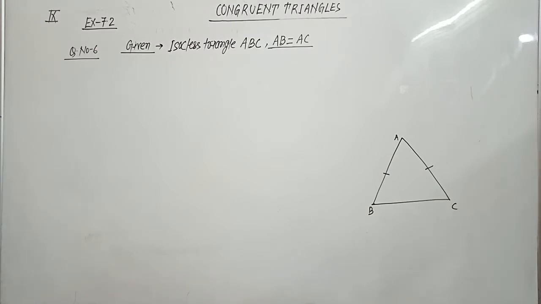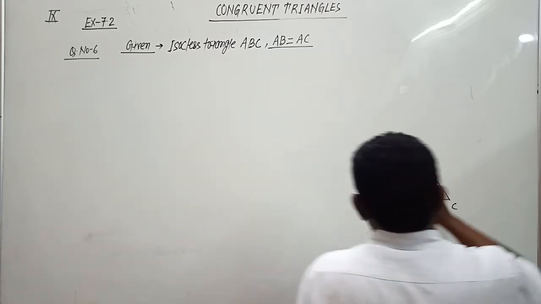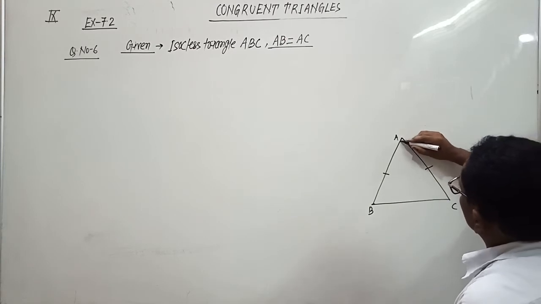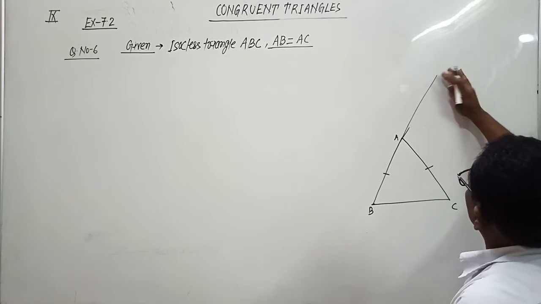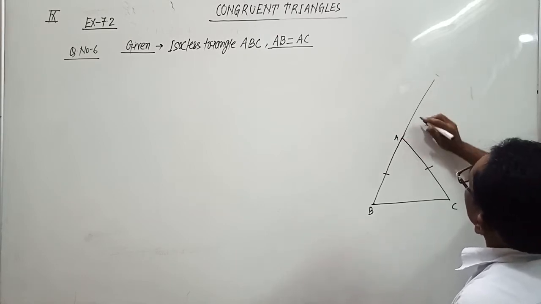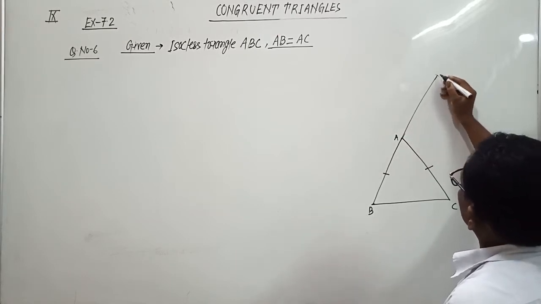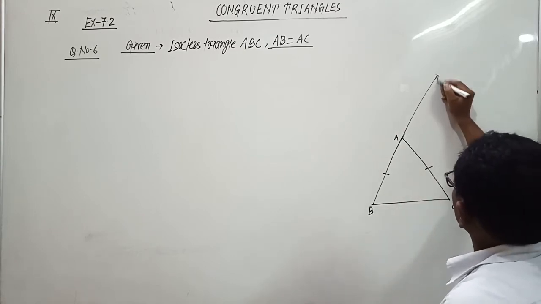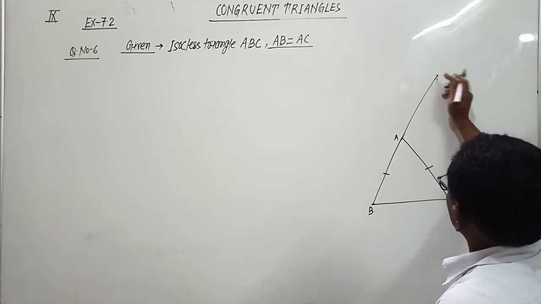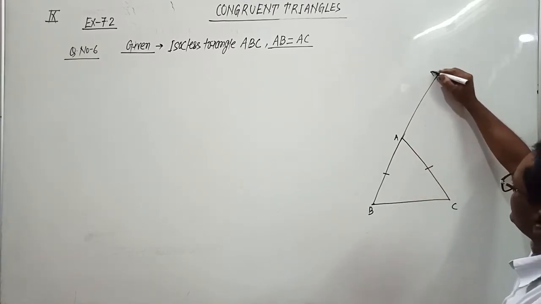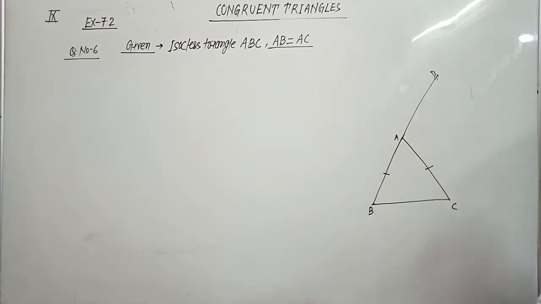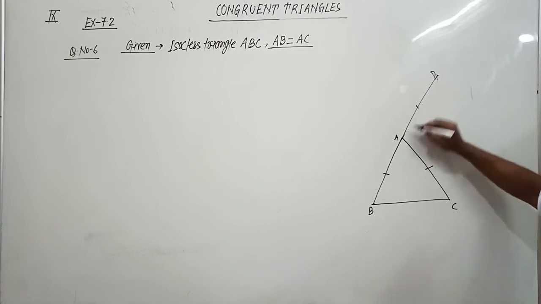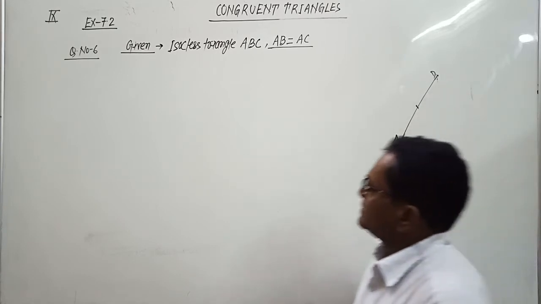Side BA is produced to D such that AD is equal to AB.